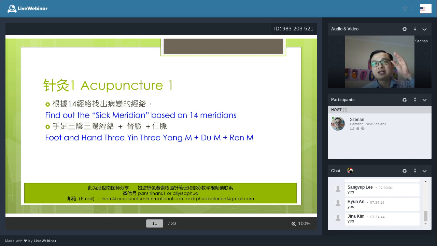But this is only some cases where you use meridians to diagnose in Chinese medicine. In acupuncture, you must use meridians to diagnose. Meridian is the most important theory you must use in acupuncture. If you're not using meridians to diagnose, this is not acupuncture.